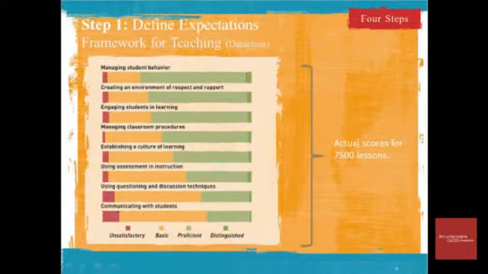In the version of the Framework for Teaching that we used for this study, there were 8 competencies. One thing to notice is that there were very few people either at the unsatisfactory end or the distinguished end on any of the competencies. Most of the action was between 2 and 3, between basic and proficient on the framework.